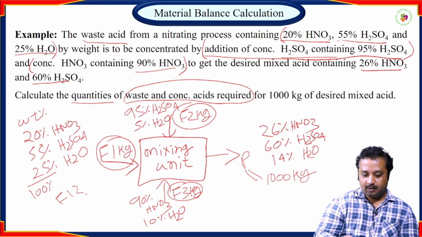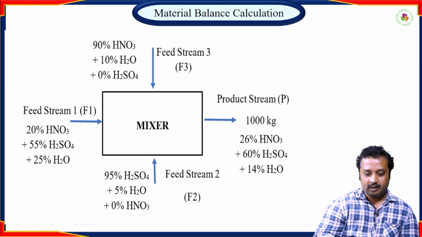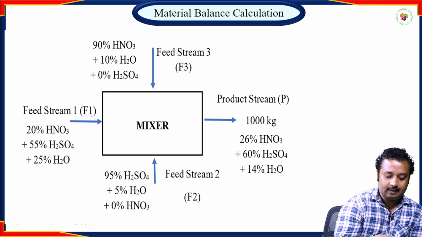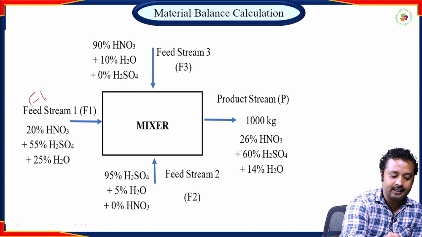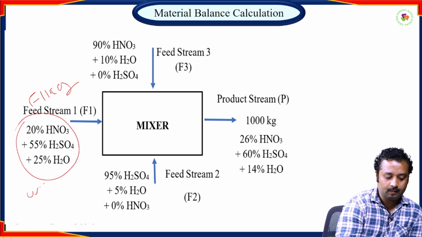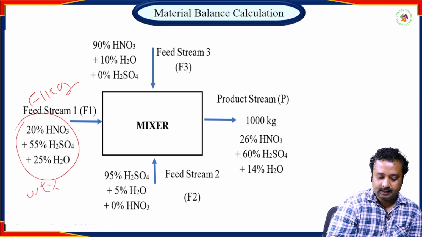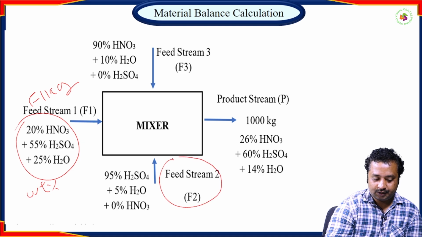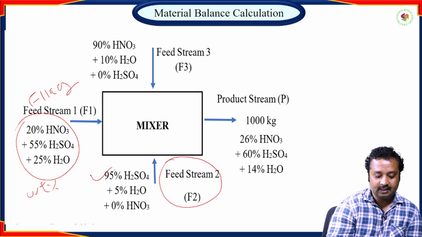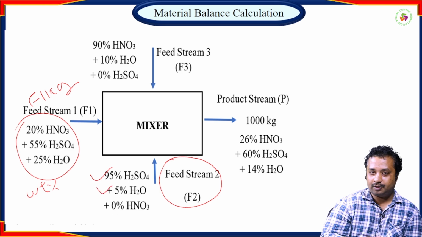Okay, so I draw this diagram in a better way. You can see feed stream 1, with total F1 kg, having this composition by weight percentage. Feed stream 2, the H2SO4 stream, has this composition where 95% is H2SO4 and 5% is water. There is no HNO3 in it.